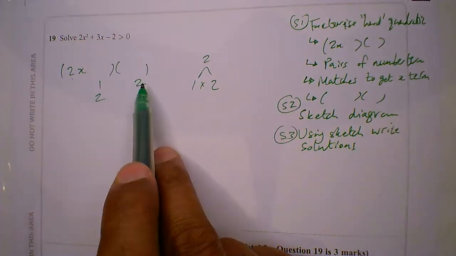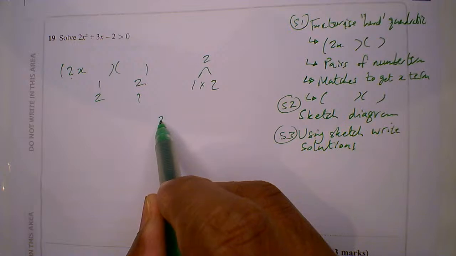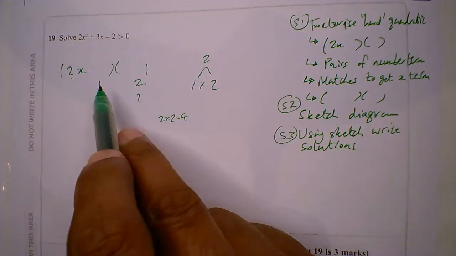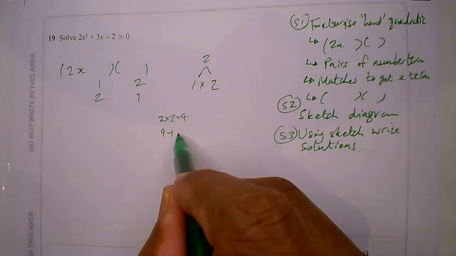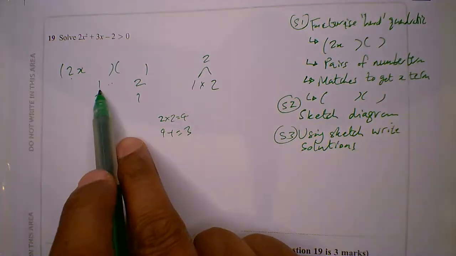So if I do 2 times 2 equals 4, then I can take away the 1x to give me 3. So it is this pair.